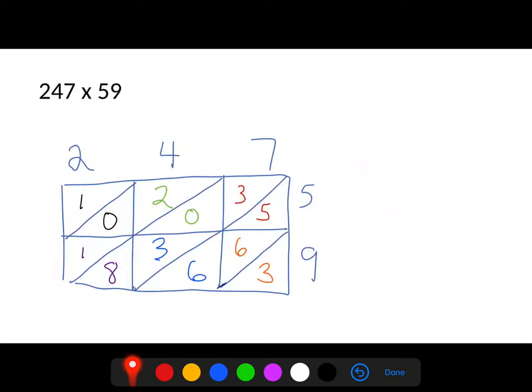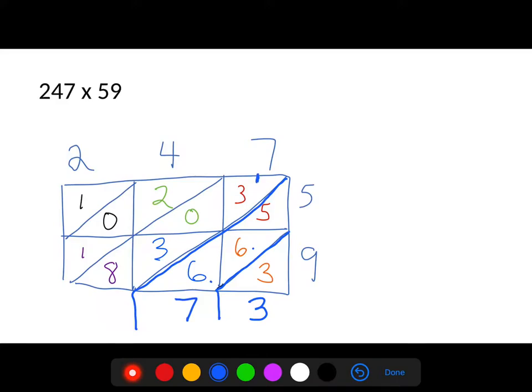We're not limited to two-digit numbers here. For example, if I did 247 times 59, I could set up my lattice, label the sides, do all of the partial products, and then it comes time to add. So my ones, I have 3. My tens, I have 6 plus 6 is 12, plus 5 is 17, 7.